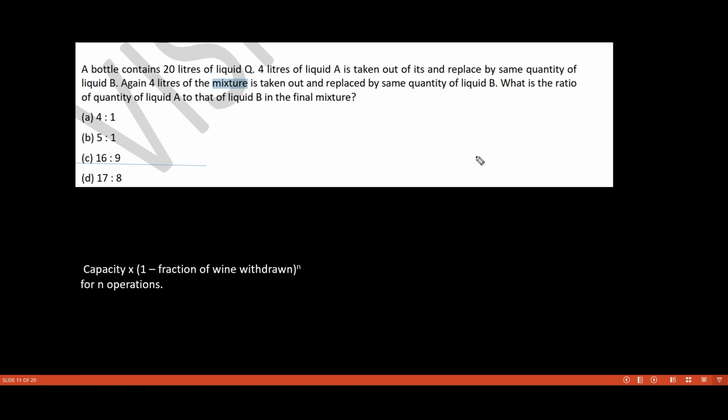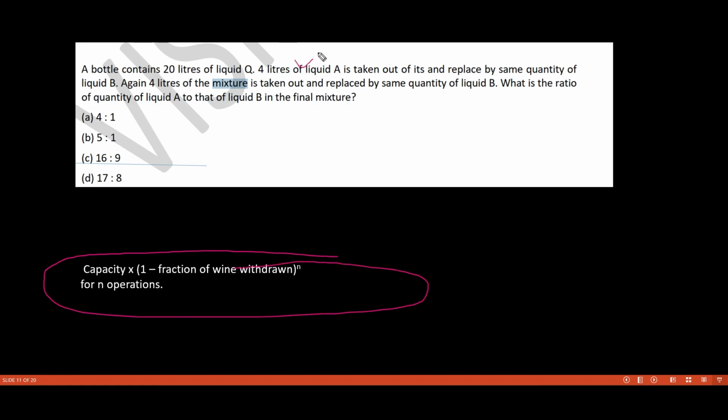Alright, so for example, A is the main liquid, and that is diluted again and again. So you can remember this formula, after n iterations. So for example, let's take an example, we have 100 liters of wine.